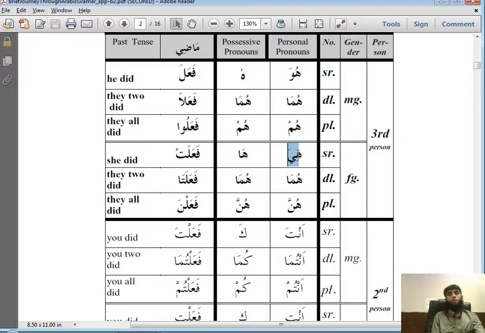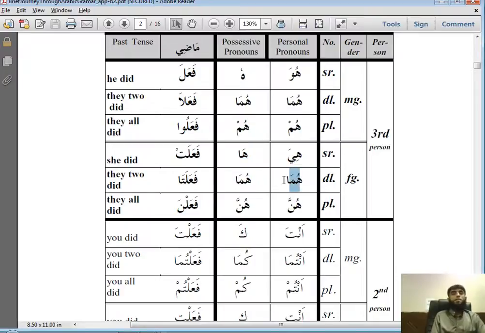Now we are on the females. Hiya is she, and ha is her. That's it. I think it's only her. There's no equivalent, so we have his and him for the male, but we just have her for the female, I guess, right?